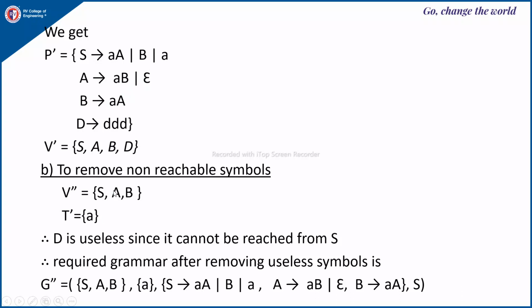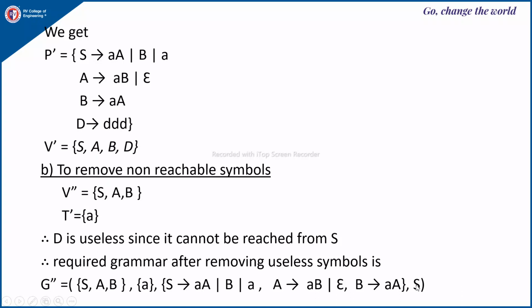So the symbols S, A, B will appear, and only A is the terminal symbol which appears on the right-hand side of these productions. D derives DDD will not be reachable from the start variable, so it will be removed, and capital D is removed from the variable list and small d is removed from the terminal list. Therefore D is useless since D cannot be reached from S.